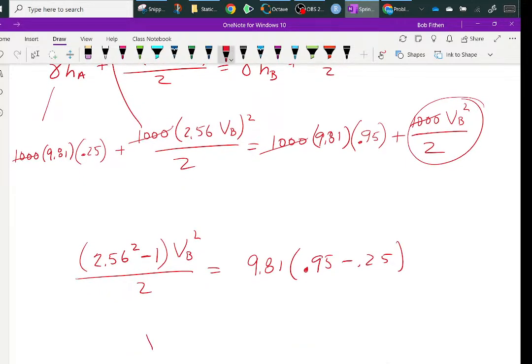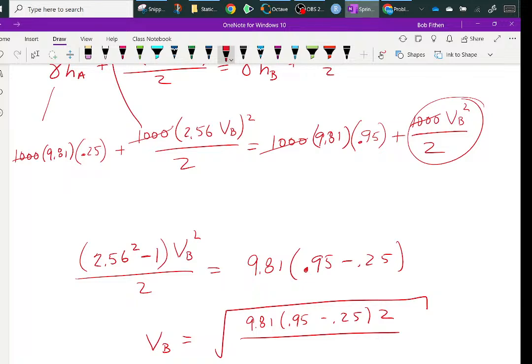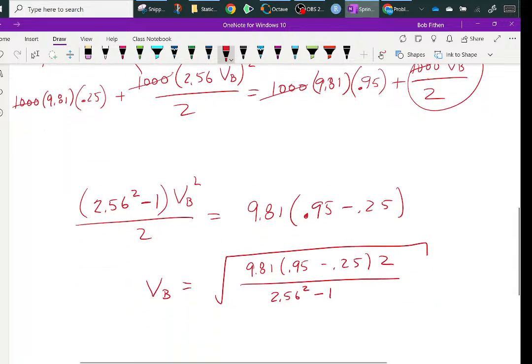And then I'll get VB equal to the square root of 9.81 times 0.95 minus 0.25, times 2, over 2.56 squared minus 1.